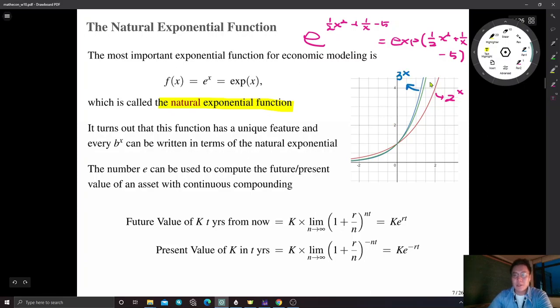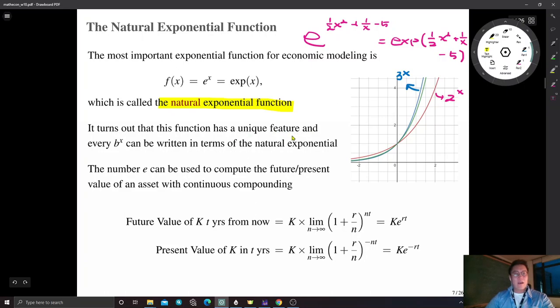So here the green colored curve displays the graph of this natural exponential function. So the natural exponential function's graph lies between 2 to the power x and 3 to the power x. And we are going to focus on this natural exponential function because this function has very beautiful and unique features.